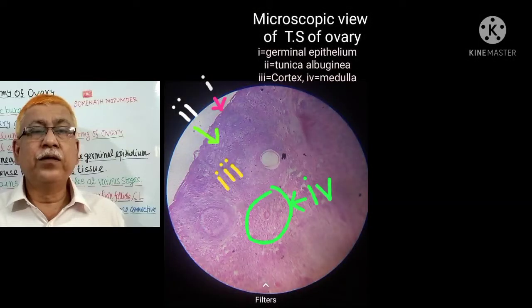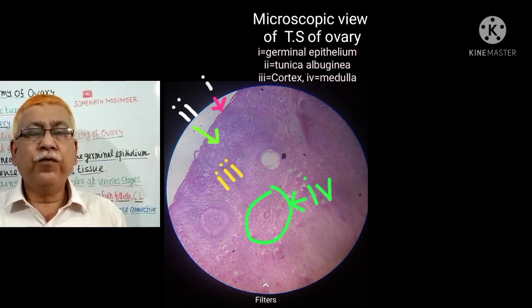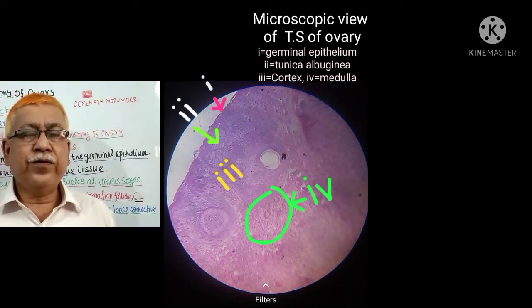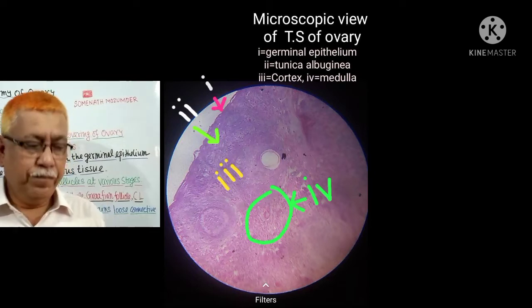What does microscopic structure of ovary look like? This is the microscopic photograph of transverse section of ovary. See the photograph. Different regions of ovary are seen here.